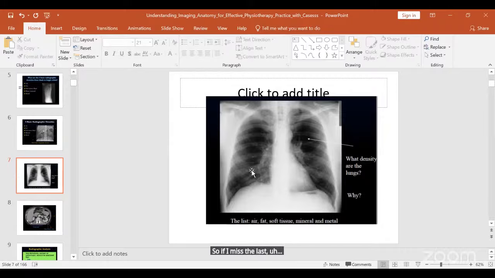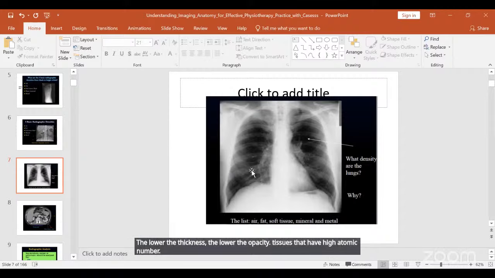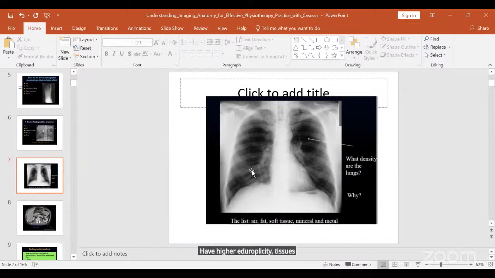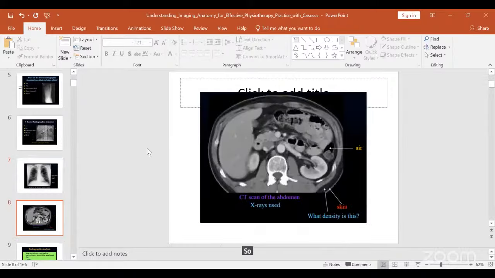The higher the thickness, the higher the radio-opacity. The lower the thickness, the lower the opacity. Atomic number: tissues that have high atomic number have higher radio-opacity. Tissues that have lower atomic number have what? And then the density. Are we together? So we move again.